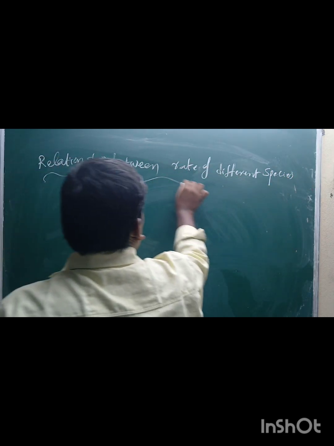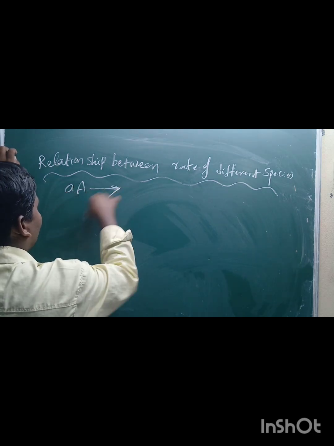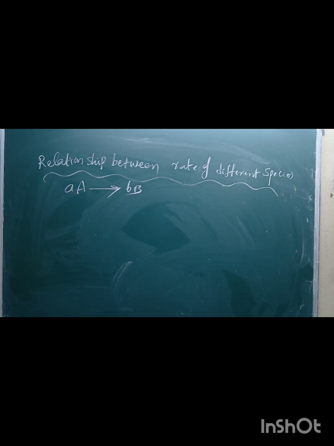Different species means the reactant species, reactants and products in the chemical reaction. Consider a general reaction. Now I am taking a general reaction with small a moles, small b moles.